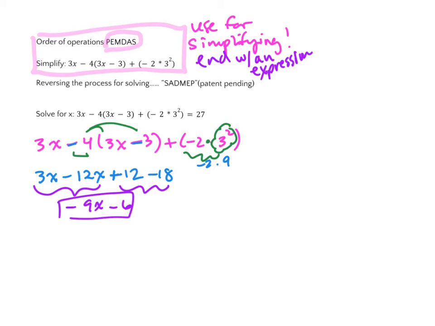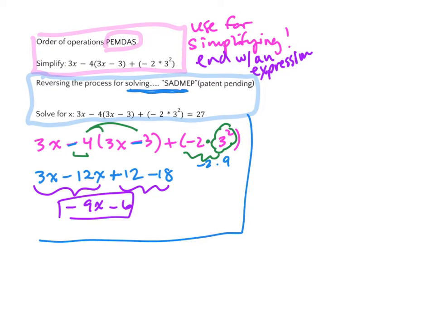Okay, so for the other part, we're going to reverse PEMDAS, and we call it SADMAP. This is Mr. Maurer's, if you know him. He's lovely. Maybe you had him for Algebra 1, 2. Now we're going to use this for solving. Solving is like the reverse PEMDAS. I'm going to put it over here.